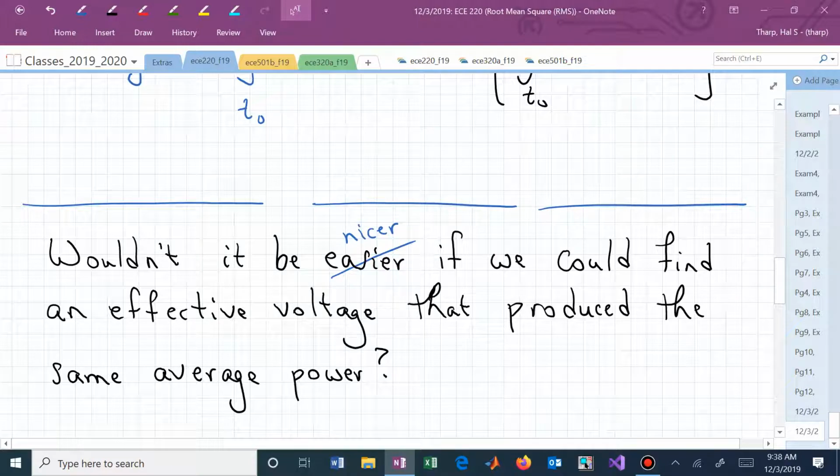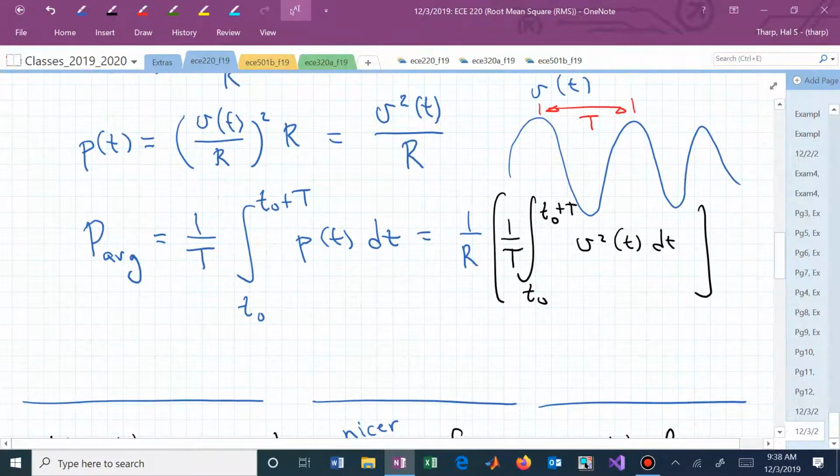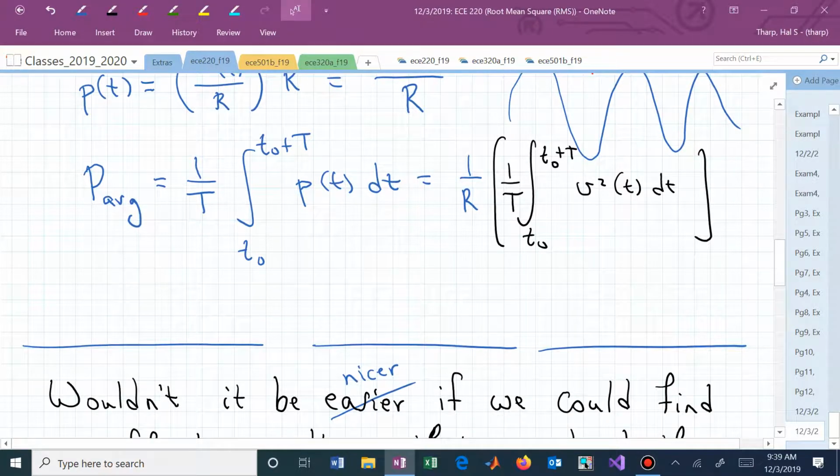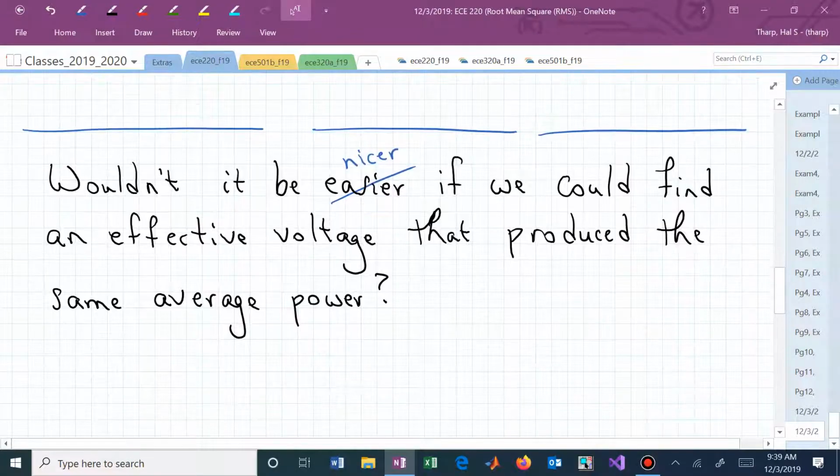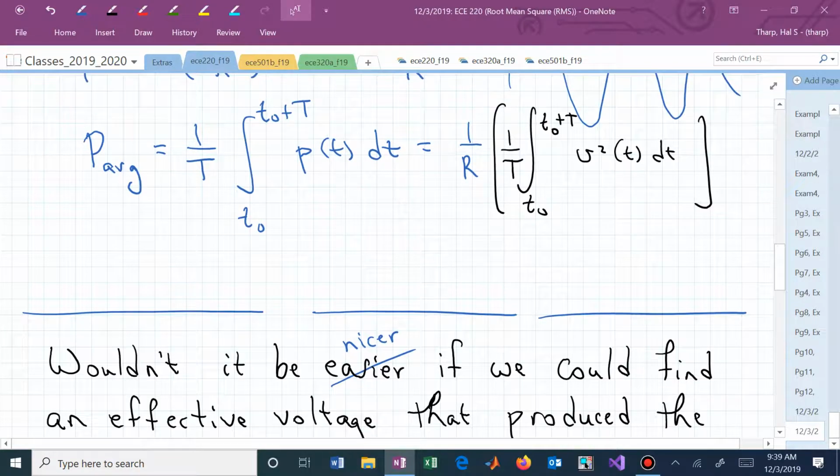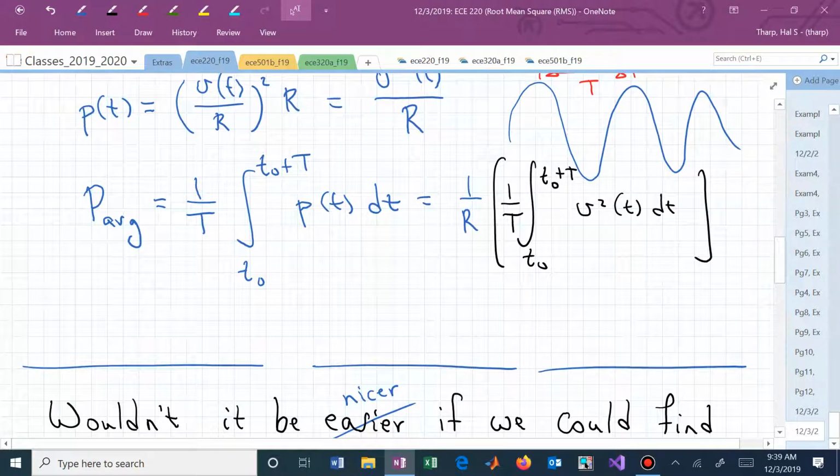Could we now find one value, one number, instead of having to worry about squaring, then integrating to find the average? Wouldn't it be easier to just lump that into one value and say, I know this effective value, let me square that and divide by R, where I've now replaced what's in square brackets with this nicer quantity?